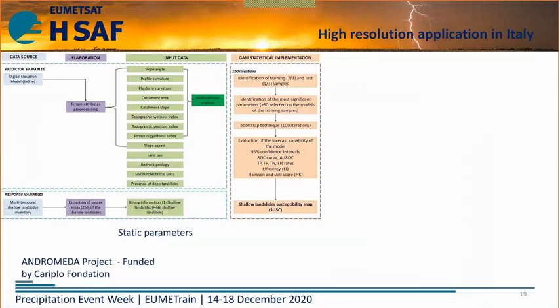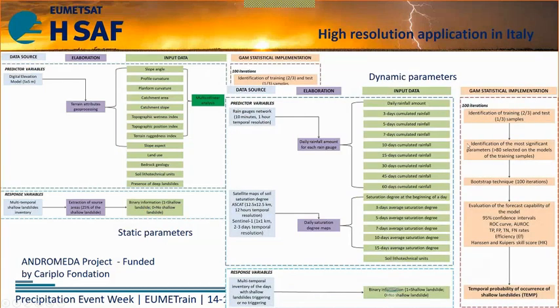We applied this data to a model that basically uses a lot of parameters. It is a data-driven approach. Here, for instance, you can see all the static parameters that we use. Basically, we use a digital elevation model with 5 meters of spatial resolution to extract several terrain features.